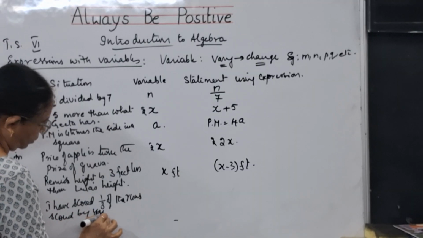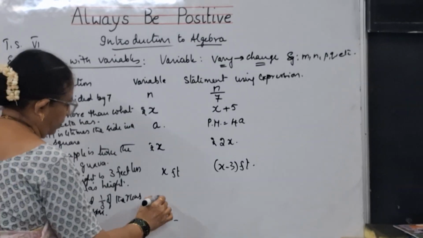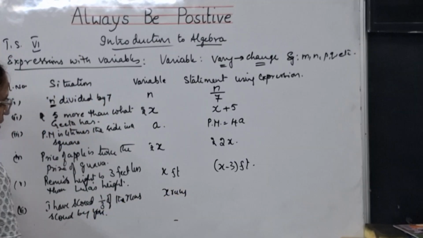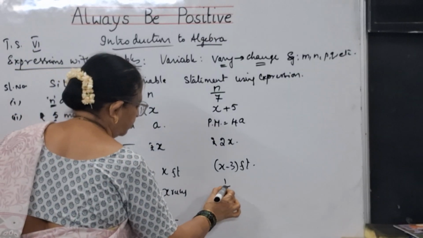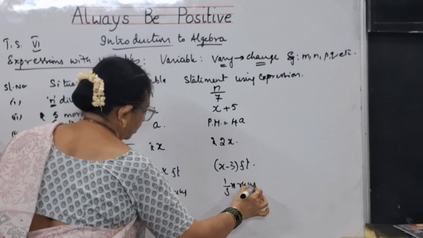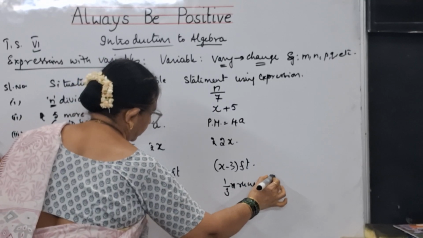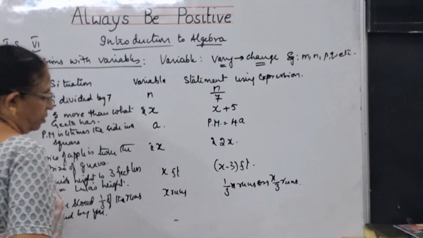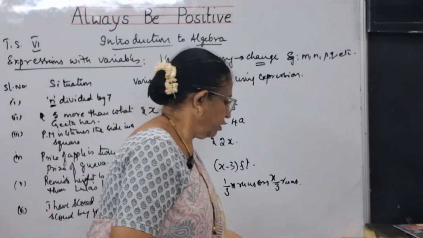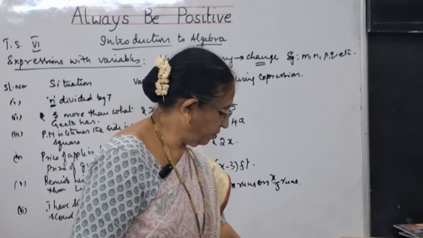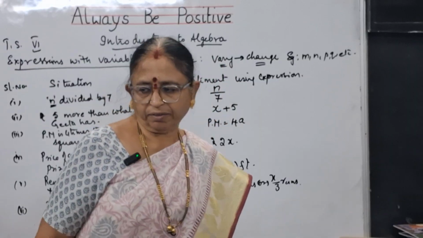So whoever is that you, that person, let us say has scored x runs. So I have scored 1 by 3 of x runs, that is 1 by 3 x runs or x by 3 runs. So these are the topics, children. Please copy it. This is the table that is given in your textbook.